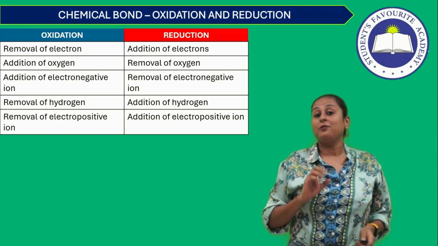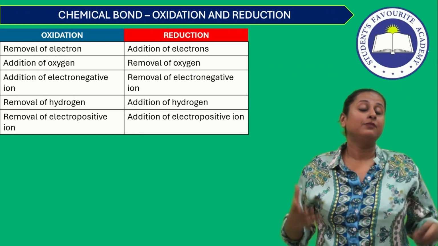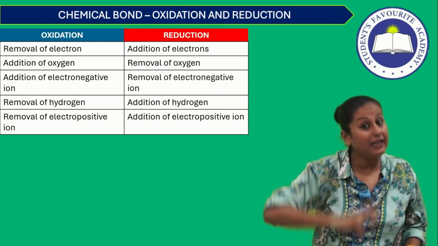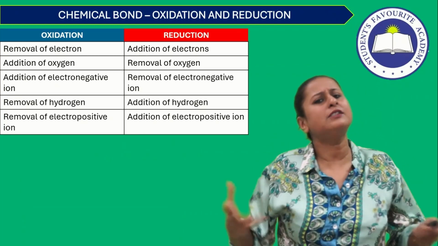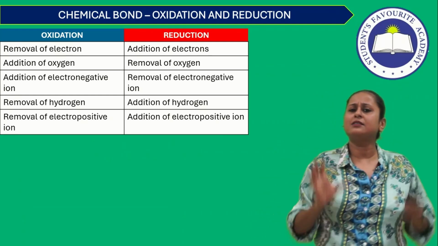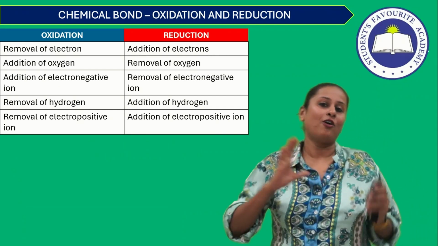So children, now that we are in the topic of electrovalent or ionic bonds, that means we are exchanging electrons, we are literally giving out electrons or taking electrons. Alright, 1 electron, 2 electrons, 3 electrons. So electrons are involved here. When electrons are exchanged, we see a kind of activity which we call oxidation or reduction.